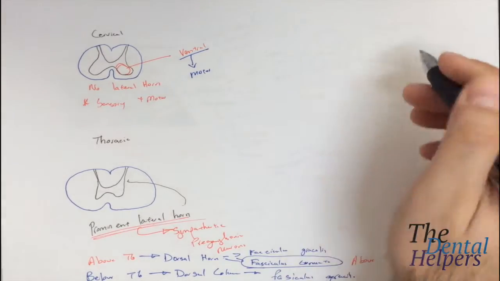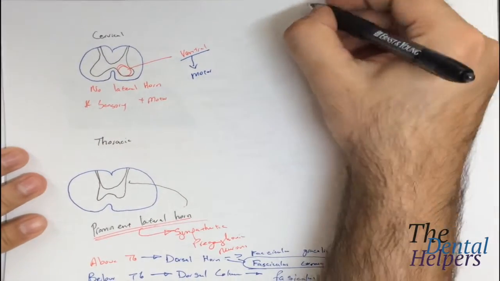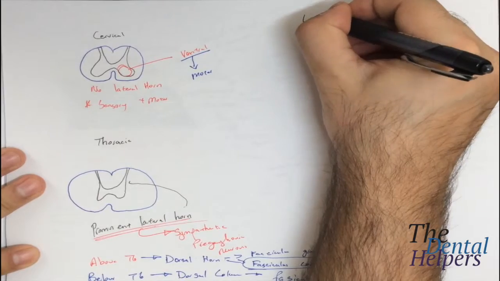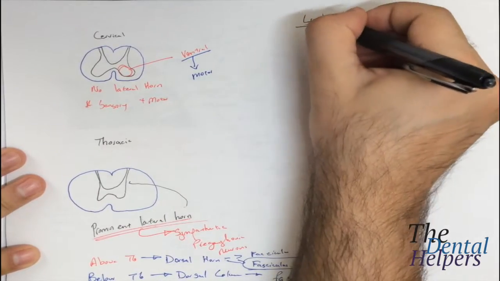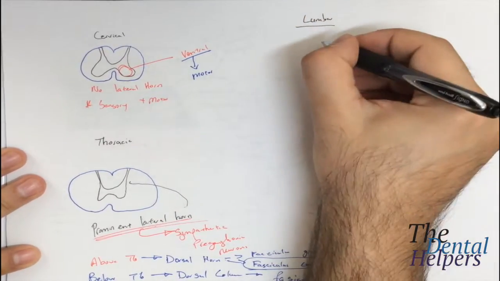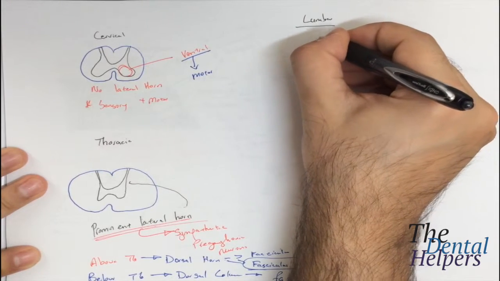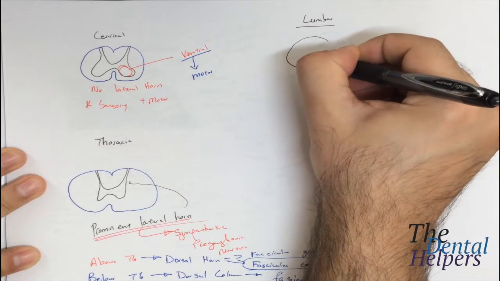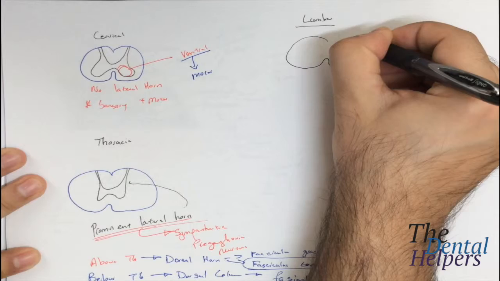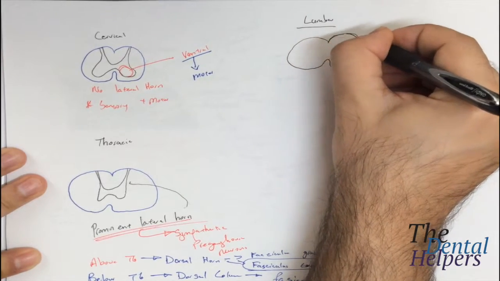So now let's make our way to the lumbar. Now if we look at the spinal cord there, and I'm sorry, the proportions are off.